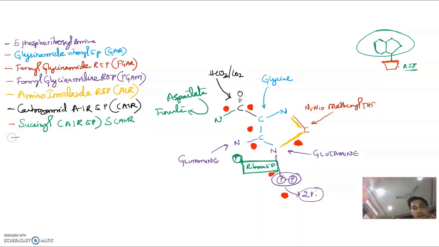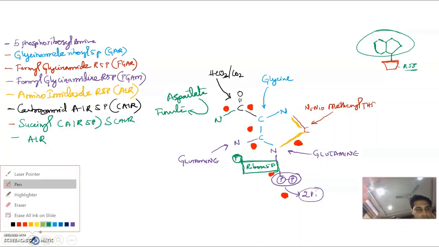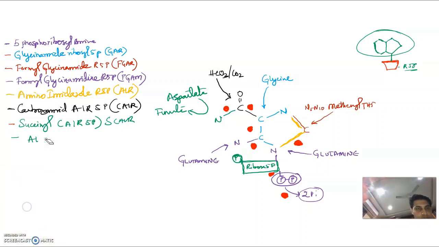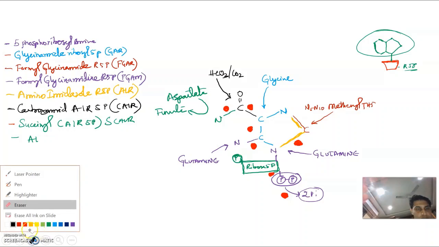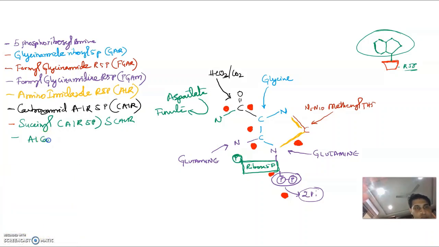The subsequent step, when fumarate is liberated, gives aminoimidazole carboxamide ribosyl 5-phosphate.